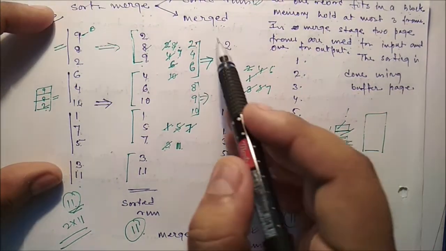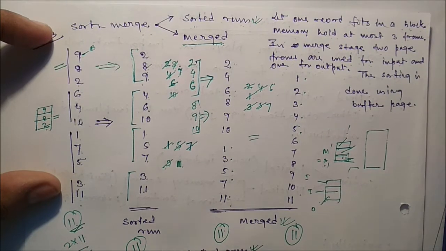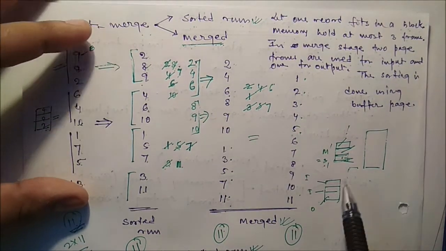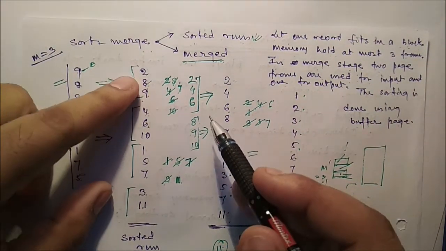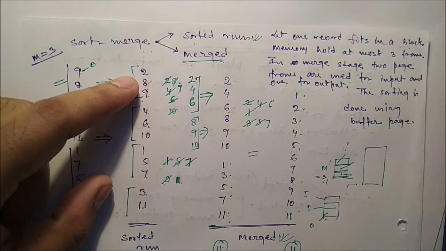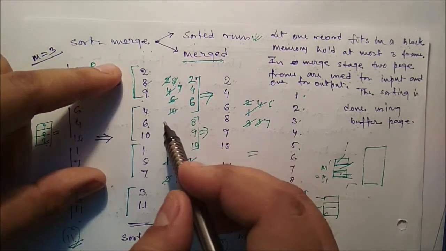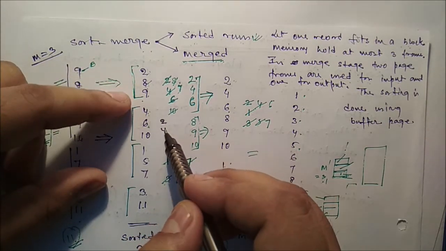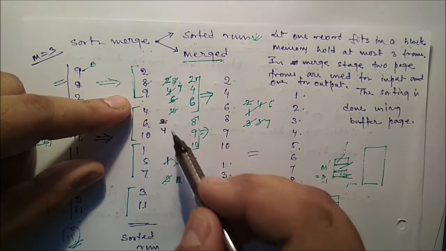After that we have to start the merge section. The merge section is very simple. Every time we can store only 2 inputs and 1 output. So we take the input this way. We take 2 data, 2 and 4, and take the minimum one. 2 is the minimum, take the 2 and delete it from here.